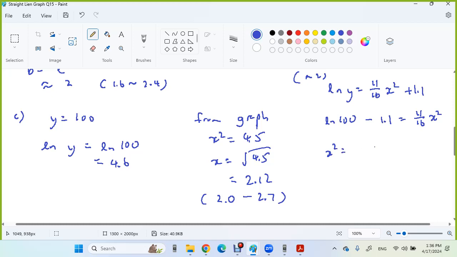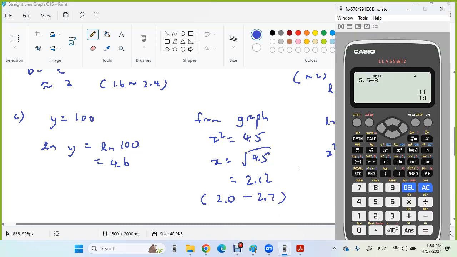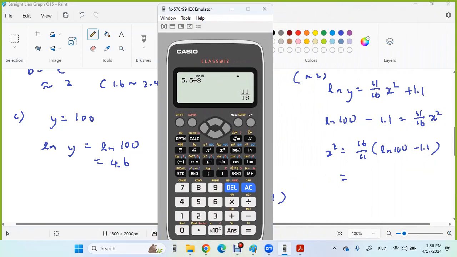Then x squared will be 16 over 11 times ln 100 minus 1.1. So we have 16 over 11 multiplied by ln 100 minus 1.1, which is 5 point something.